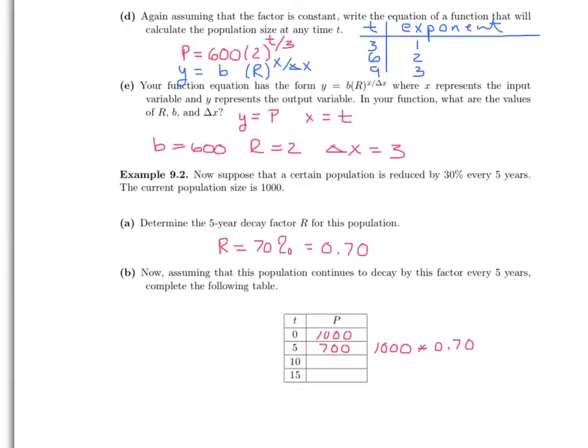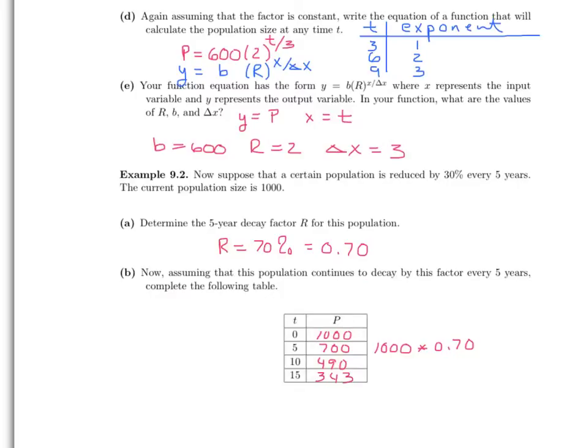In other words, we multiply the 700 by our decay factor, 0.7, and that gives us 490 individuals. To calculate the population in year 15, we take 70% of the 490 individuals. In other words, we take 490, multiply it by our decay factor, and that ends up being 343.